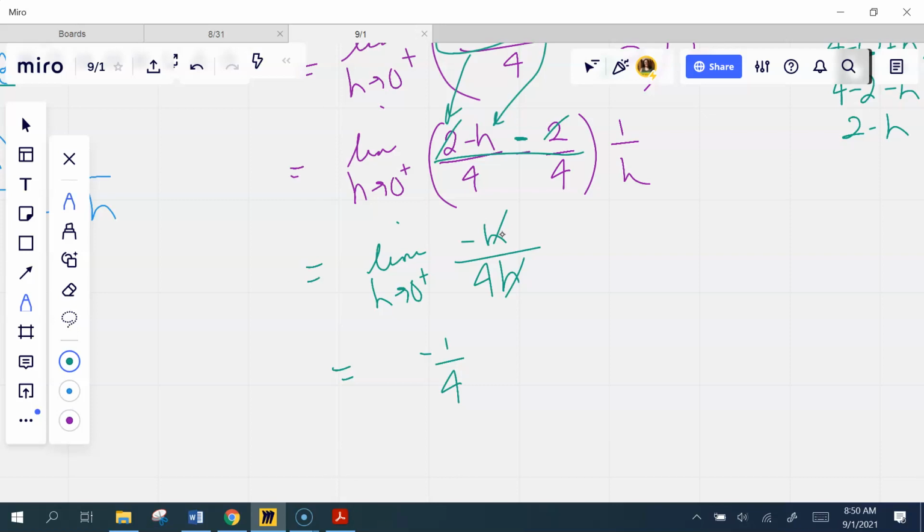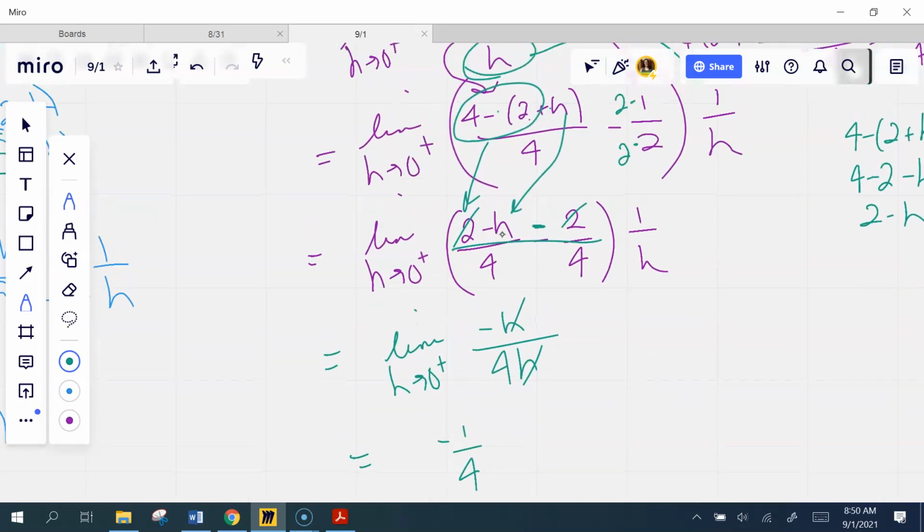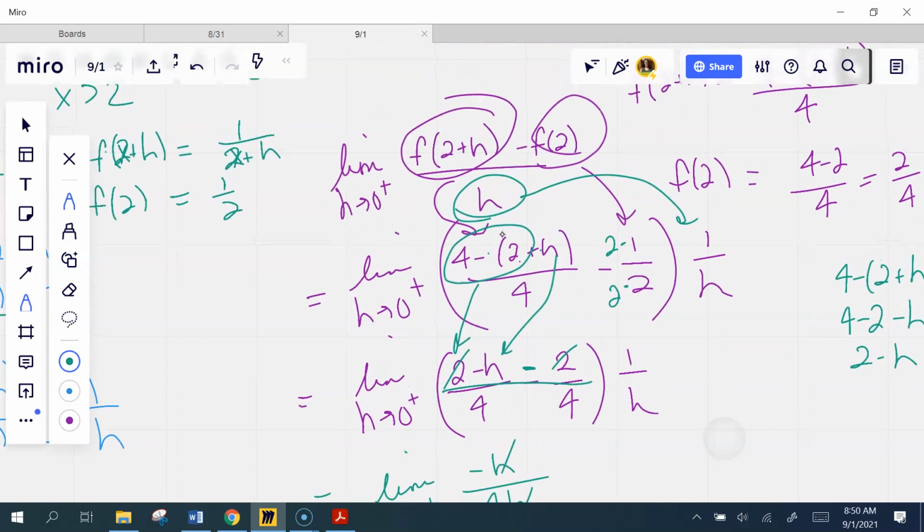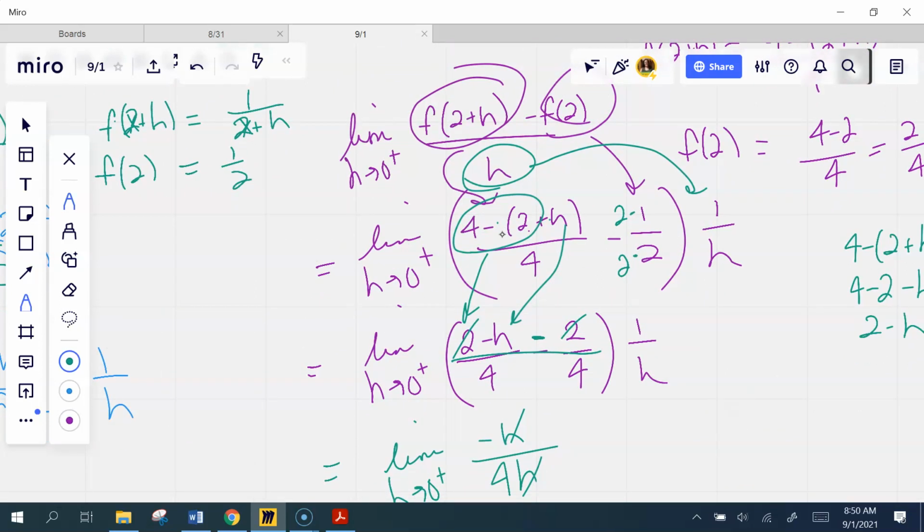What were you saying about your h? I canceled my h's early, so I ended up getting 1/2 times the negative 1/2, which is negative 1/4. I did a half plus h minus a half over h. And then you did a half plus h over h.